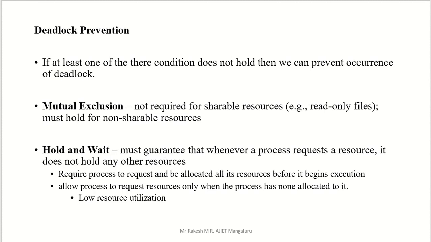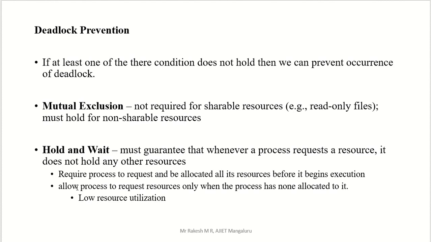You have to guarantee that when a process requests a resource, say P1 is requesting R1, you have to check whether any resource is already allocated to P1. If one is already assigned, you have to release that. Otherwise, there is a chance of deadlock.